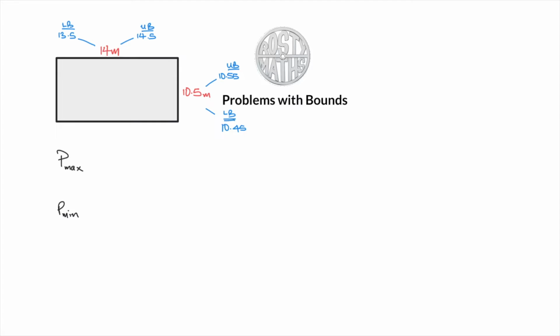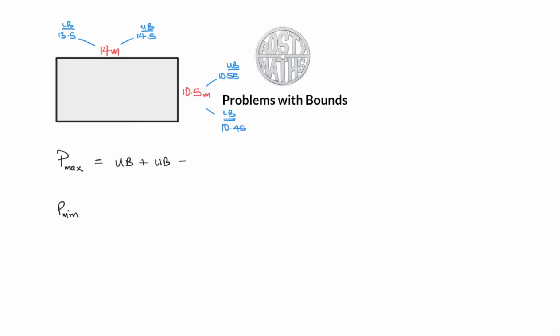Now here comes the first lesson. If I want to find my maximum perimeter, you know that perimeter means I'm going to add all the sides. If I want to find my maximum perimeter, I need to only add my upper bounds together. So I need to add up all of my upper bounds. Obviously, if you want the biggest possible number and you're adding, you need to add a bunch of big numbers.